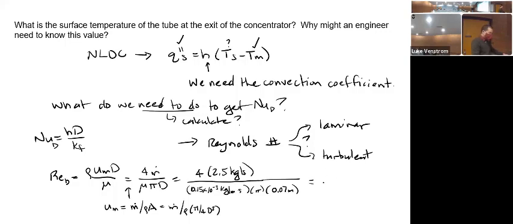So we calculate, do this, you do 3 times 10 to the 5. Okay, so the Reynolds number is 3 times 10 to the 5.